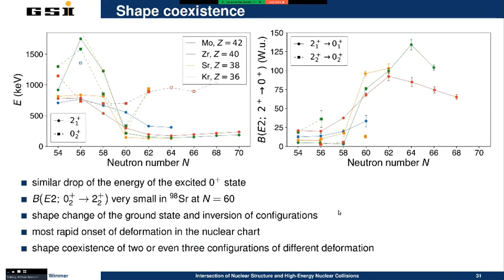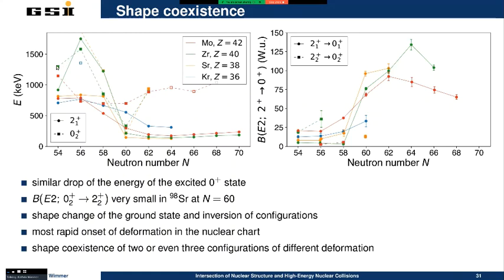In terms of the shape coexistence that I have indicated, if you look at the same plot but now also look at the excitation energy of the first 0+ state, so this is an excitation of 0 spin, in these nuclei it is interpreted as a configuration of a different deformation, which comes close in energy to the ground state.